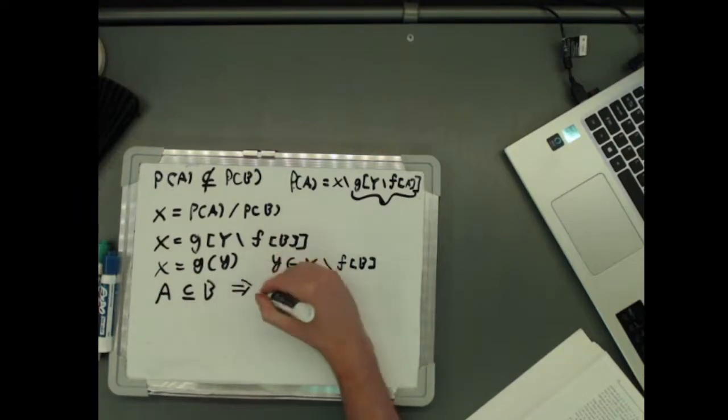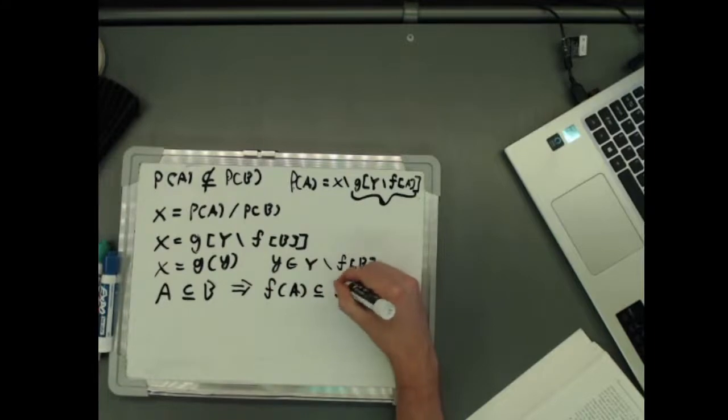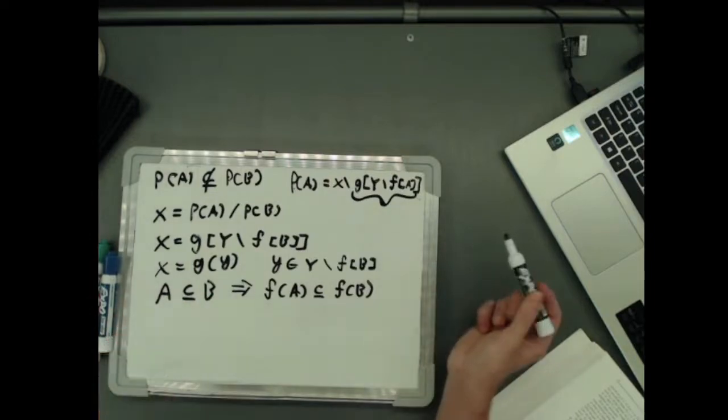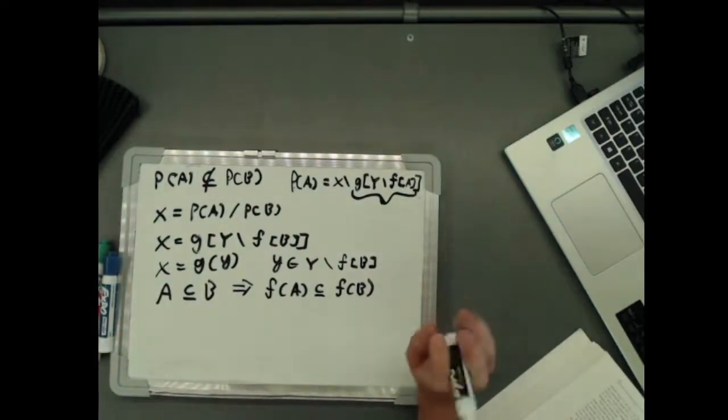A is a subset of B. This implies F of A is a subset of F of B, just because F is a function from X to Y. You could prove it, but it's kind of easy. Trivial, I might say.